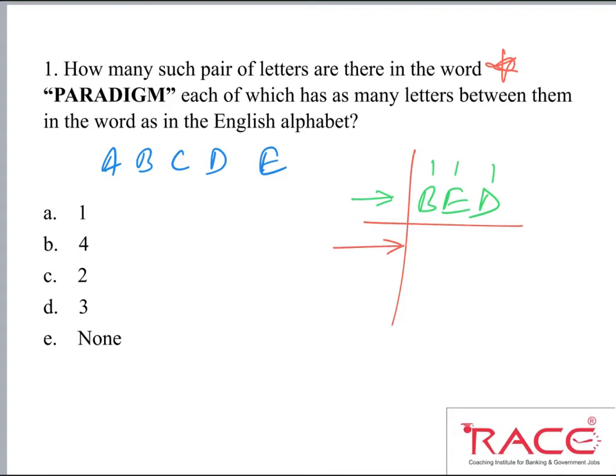The question is what we need to count. For that, we have learned the place value. So before that we will write the place value of every letter. What is the place value of B? 2. Place value of E? 5. And place value of D is 4.